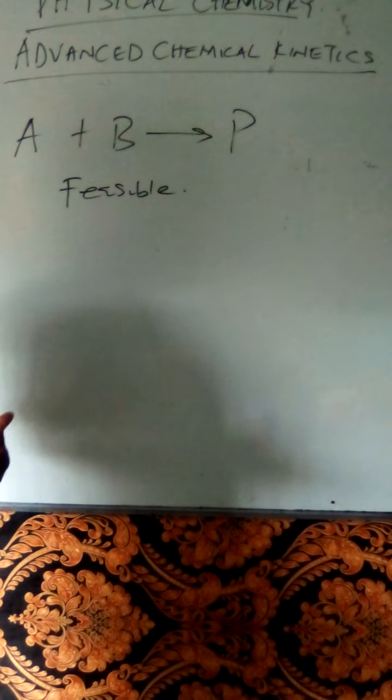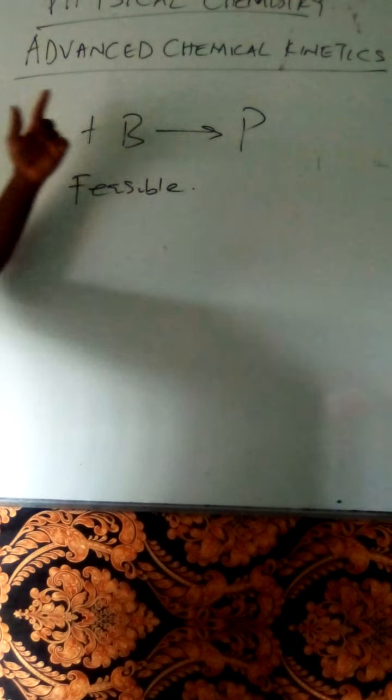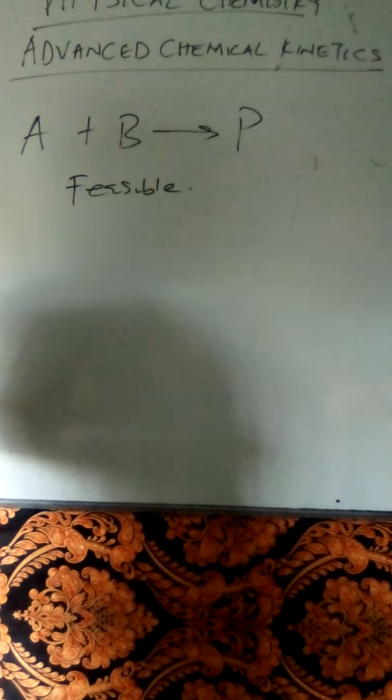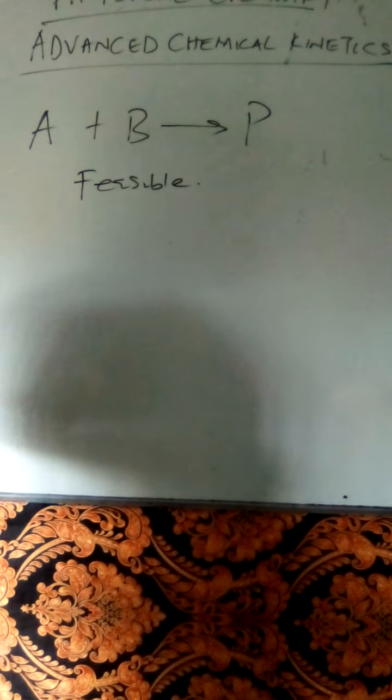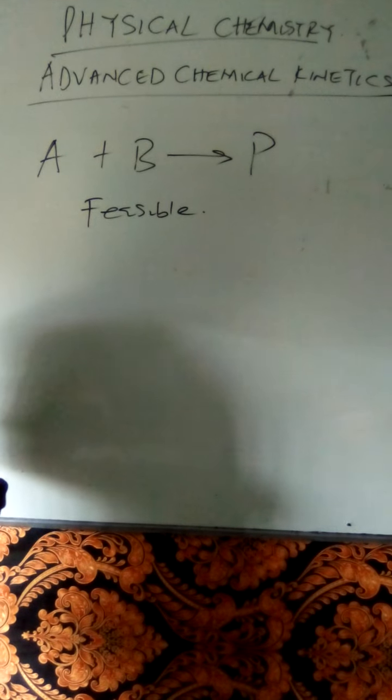The aspect of chemistry that explains how fast the reaction takes place, the rate of the reaction, is called chemical kinetics. So chemical kinetics is the aspect of chemistry that deals with the rate of chemical reaction as well as the mechanism of chemical reaction.